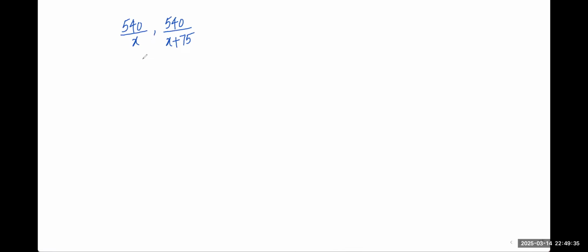Now, what do you see? The question continues: the number of packets of buns bought for 5.40 is 5 more than the number of loaves of bread. This is for buns and this is for breads.